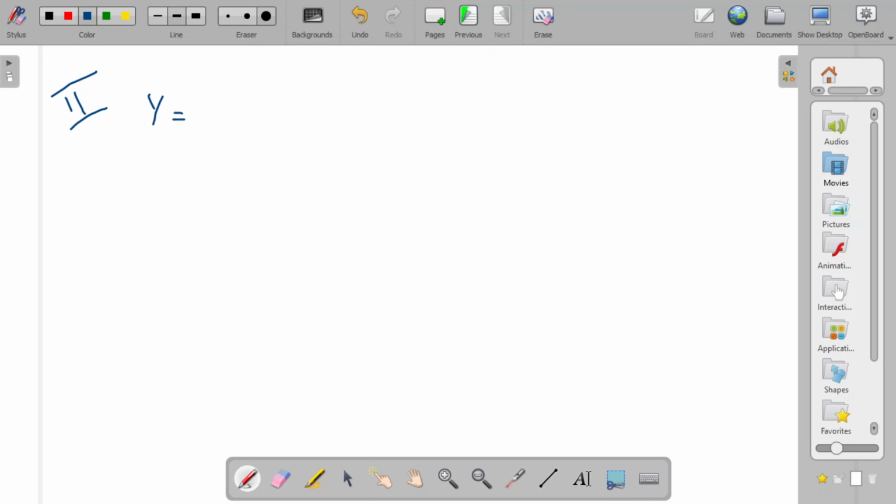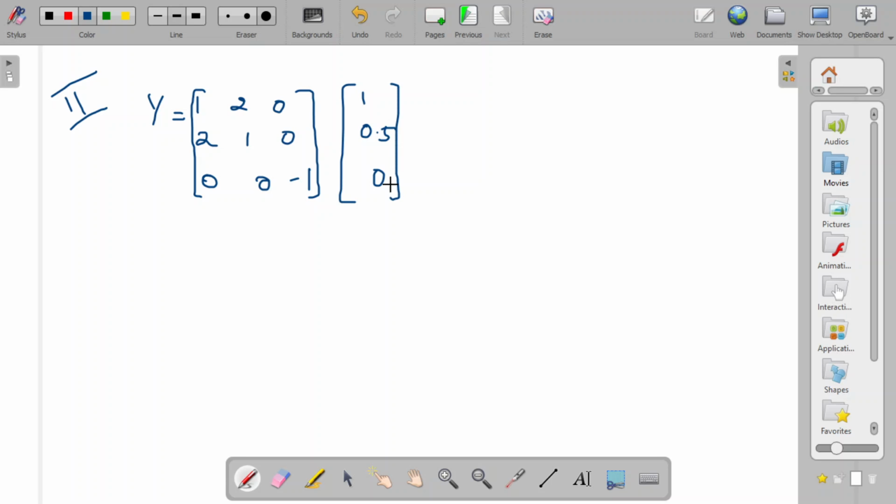So I will find y equal to the matrix 1, 2, 0, 2, 1, 0, 0, 0, minus 1, multiplied by the new eigenvector 1, 0.5, 0. You multiply these two and you will get the value as 2.5 and then 0.